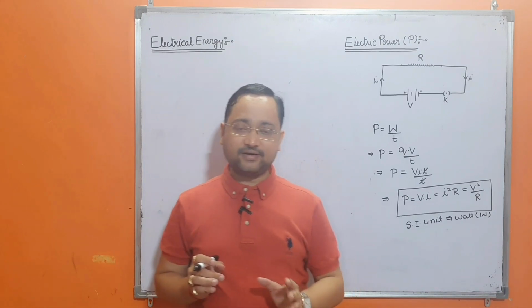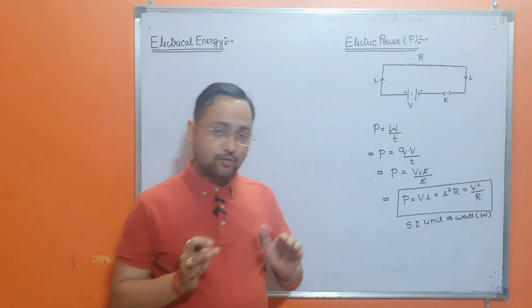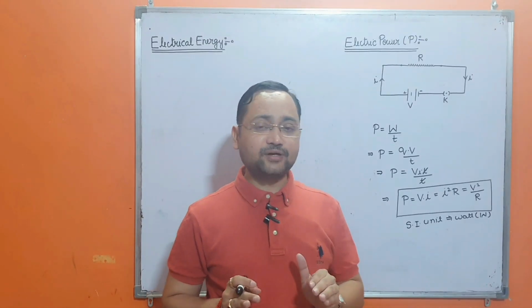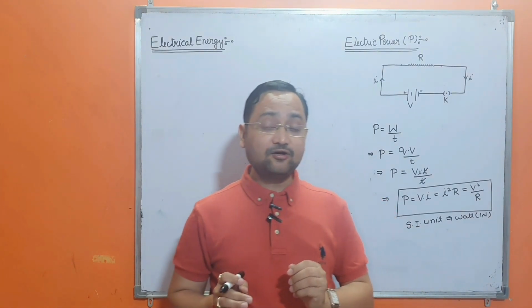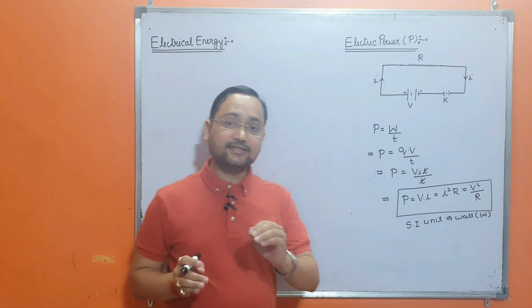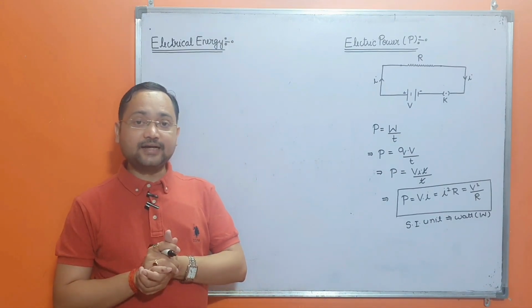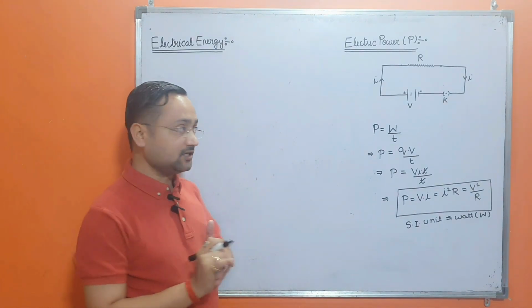Let the given time be T. Whatever amount of work has been done by the DC source in maintaining the current in the circuit for the time T is called the electrical energy.